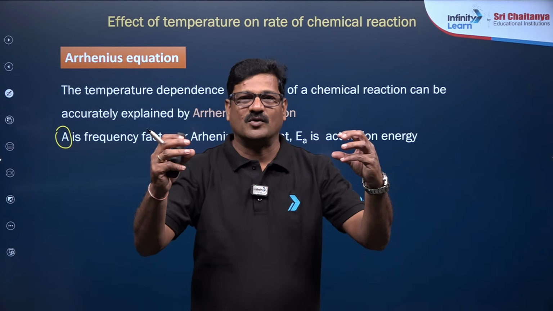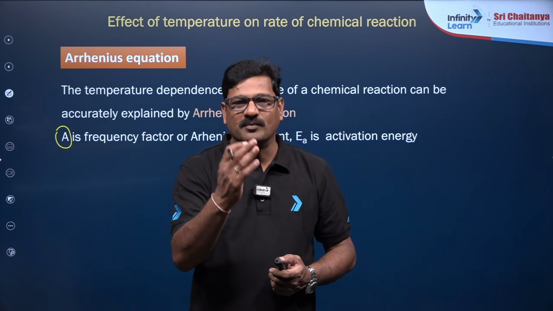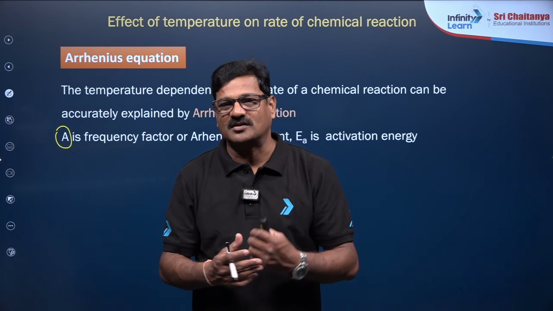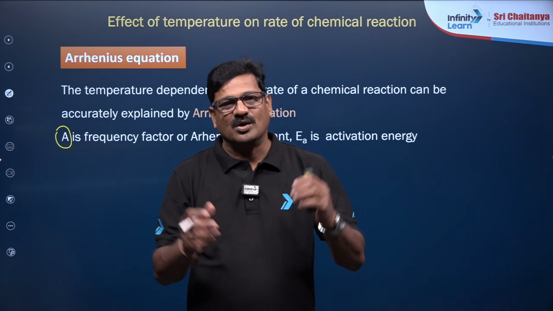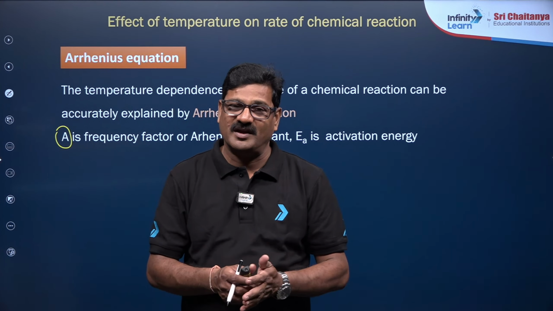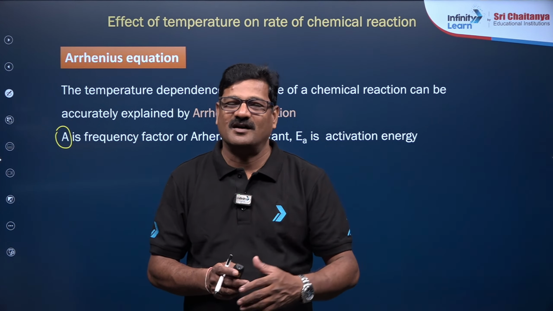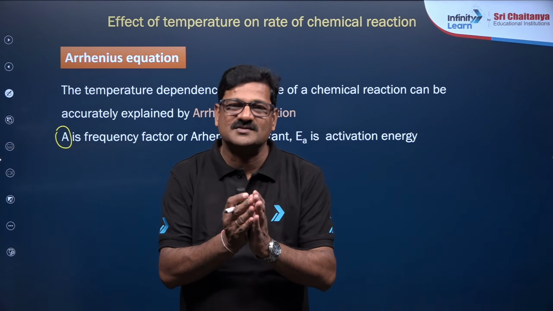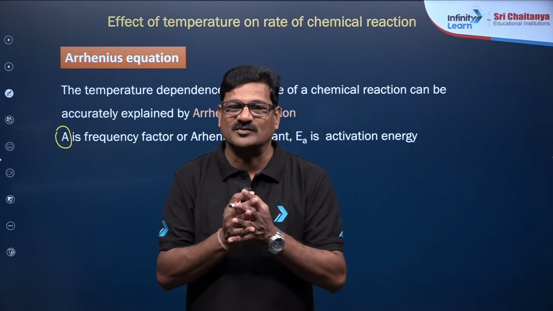When collisions happen, the old bonds present in the reactant species are broken and the new bonds in the product have to be formed. All these collisions may or may not give the product. Definitely, all the collisions do not make a product. The collisions which give the product are called effective collisions.